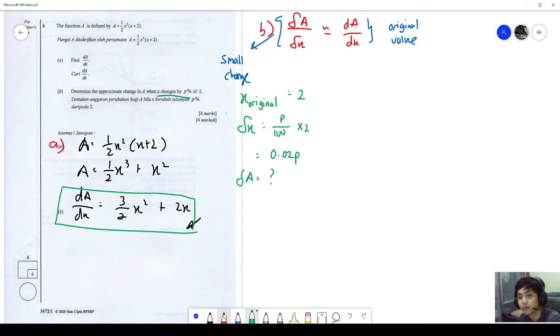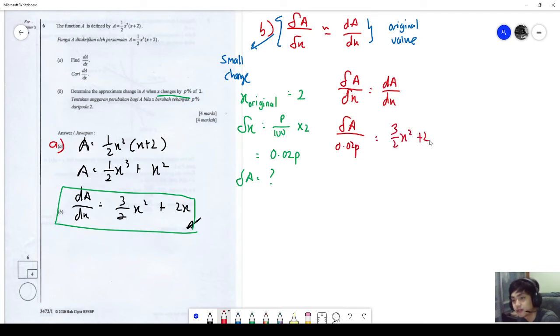So by applying the formula, we have delta A over delta x equals dA/dx. Delta A is unknown, delta x is 0.02p, and dA/dx is 3 over 2x squared plus 2x. We know that x original is 2, so when x equals 2, delta A over 0.02p equals 3 over 2 times 2 squared plus 2 times 2.